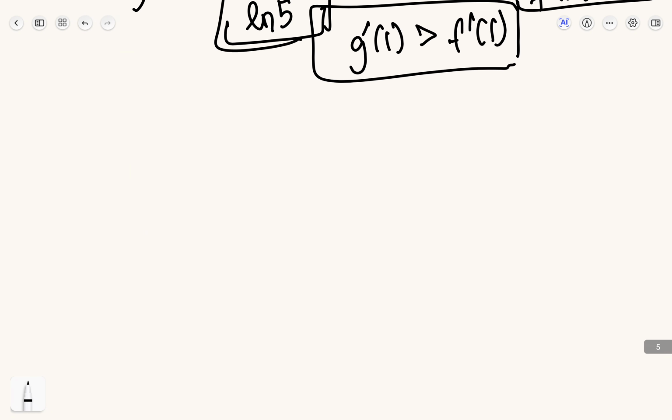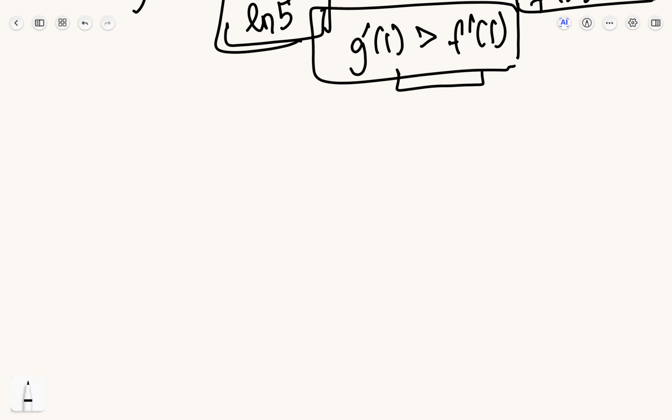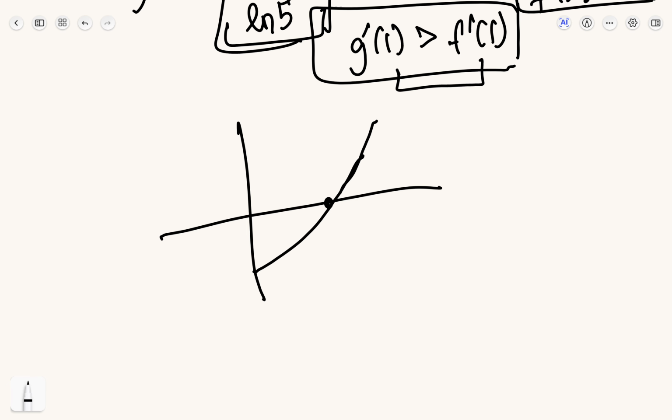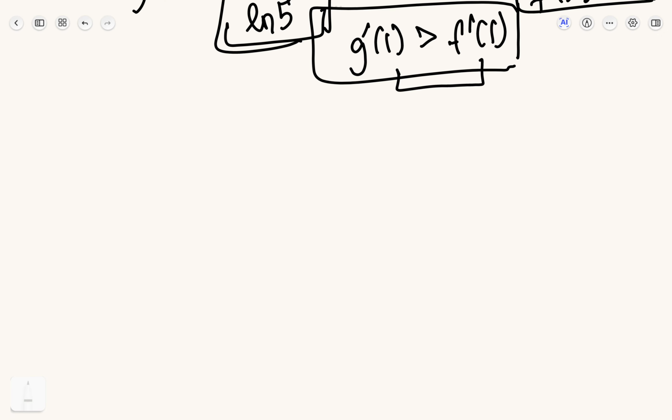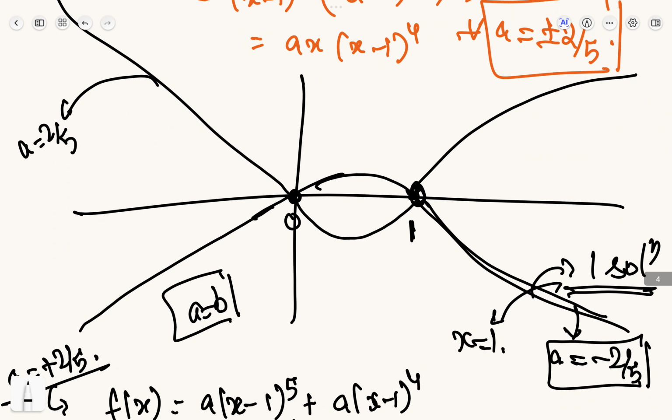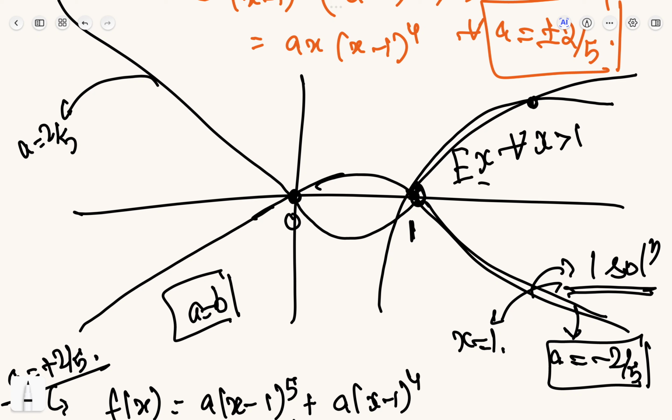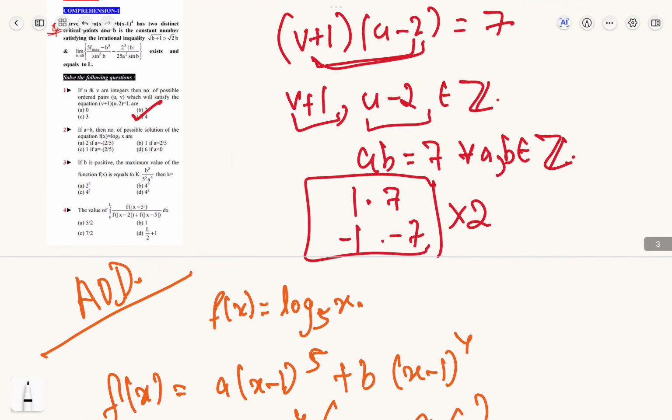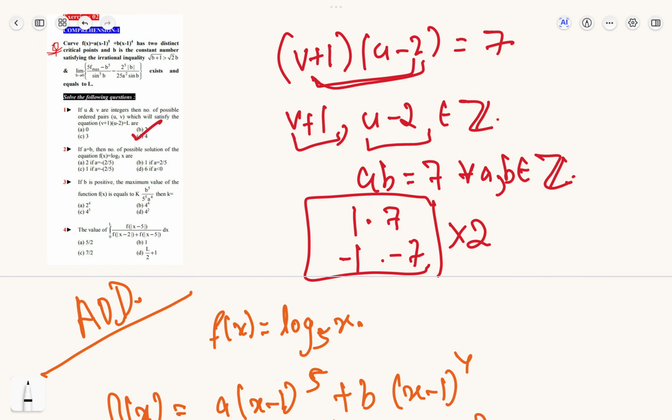So if at some point g dash 1 is greater than f dash 1, so if it's increasing at a rate greater than the rate of increase of f, then it has to cut somewhere, right? So definitely I have one more cutting point, somewhere at some x such that x is greater than 1. Okay, so we have solved the next part as well.